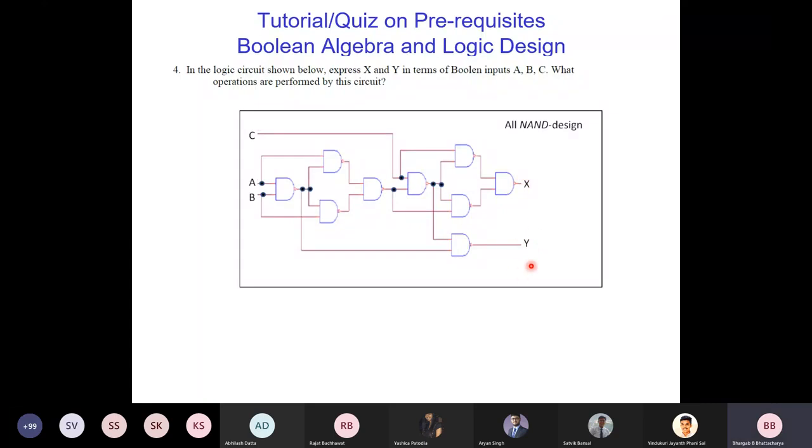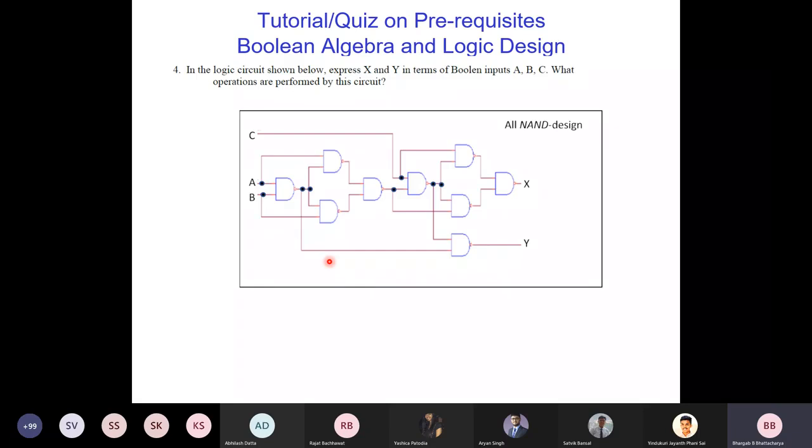How about the carry function in terms of ABC? Remember? AB plus BC plus CA. We just discussed that function a little bit earlier in our first example, right?